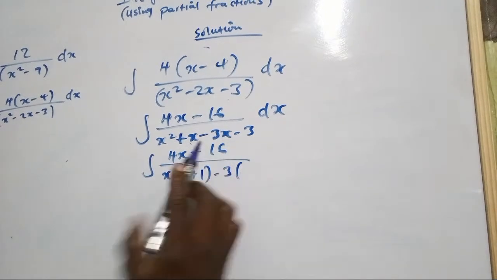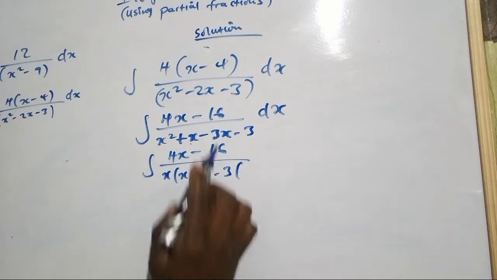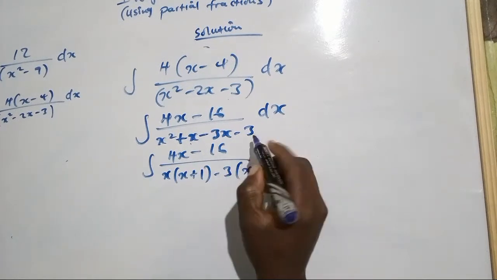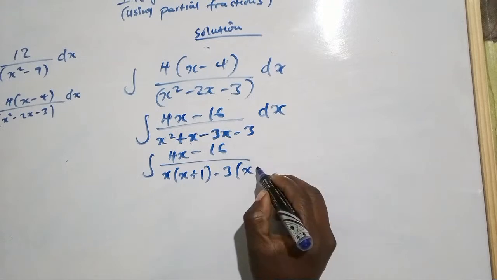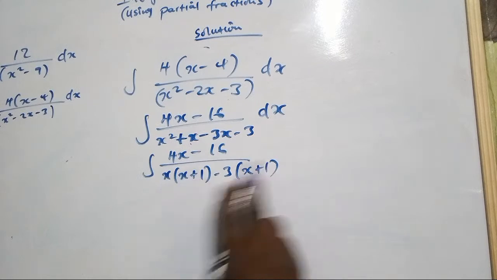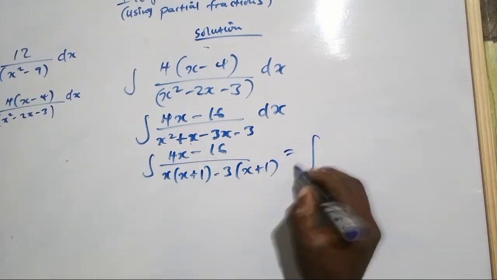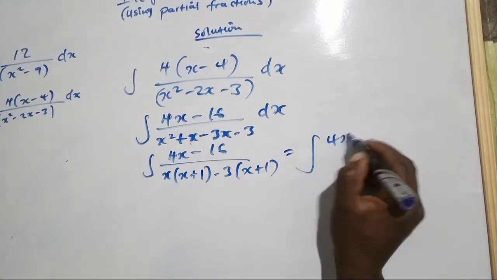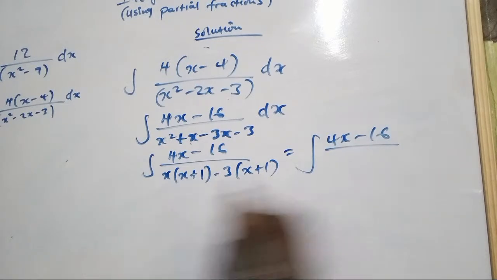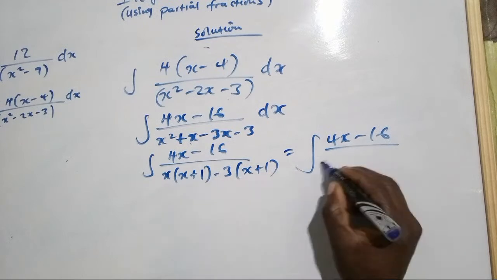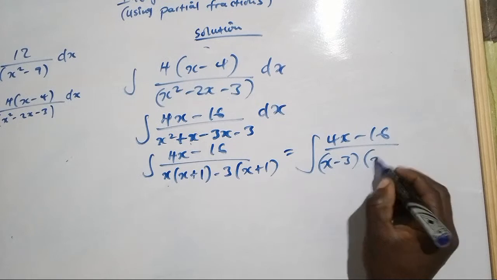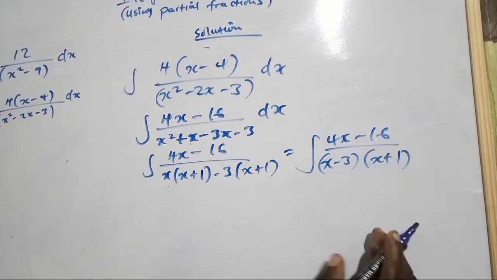Then open bracket, minus 3 times x, you remain with x, and minus 3 times 1, you remain with 1. Because these terms are equal, it will be the integral of 4x minus 16 over x minus 3, and x plus 1.